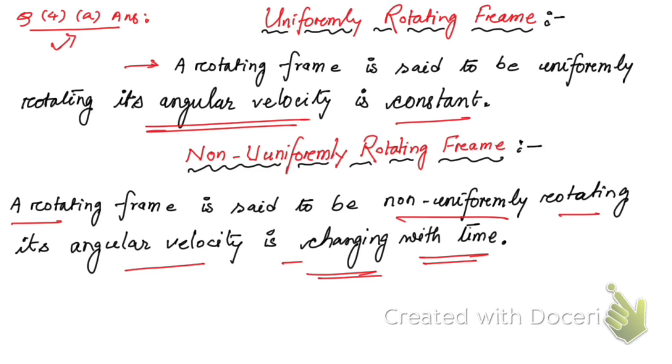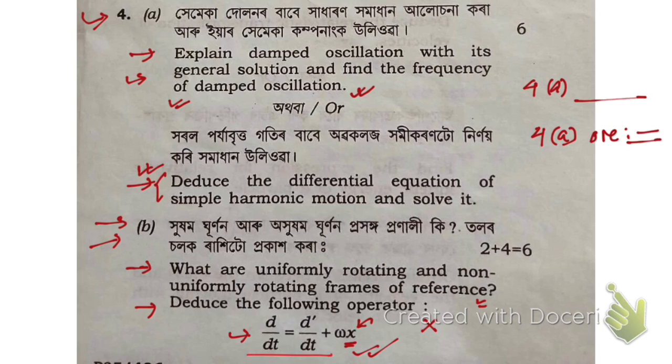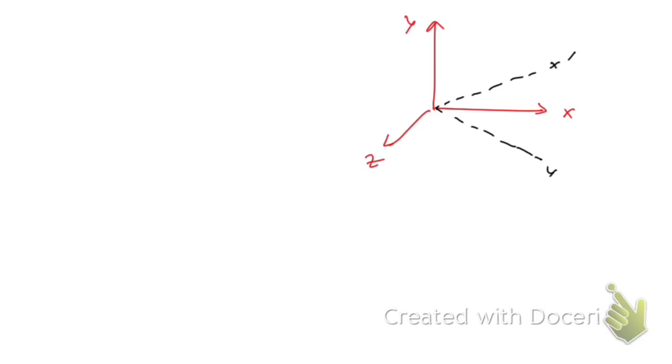Now let us deduce this operator. Let me show you how to deduce this. Suppose we have 2 frames. This is one coordinate system x, y, z, and another frame, suppose this is x dash, this is y dash, this is z dash. This frame is rotating with respect to the frame in red. We have a point P here.